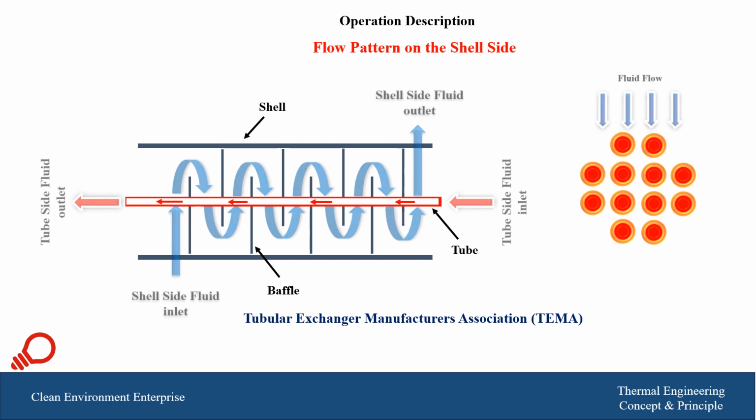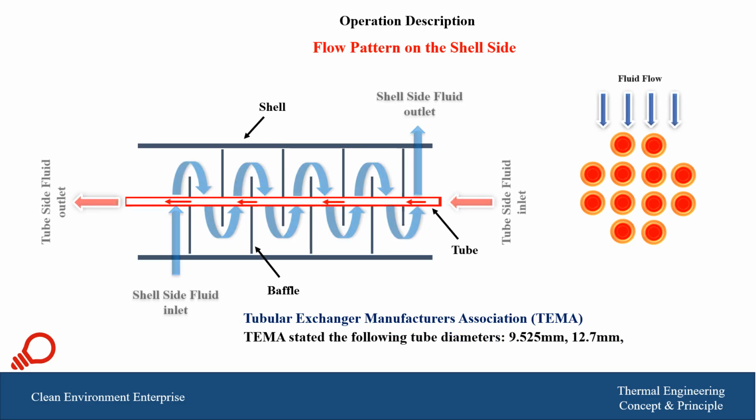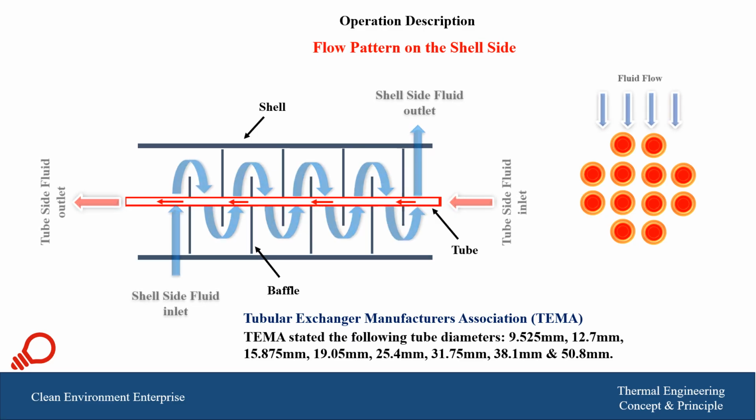Everything is put in the TEMA standard. And the tubes used in manufacturing these heat exchangers are specified by TEMA to be between 9.5 millimeter and 50.8 millimeter.